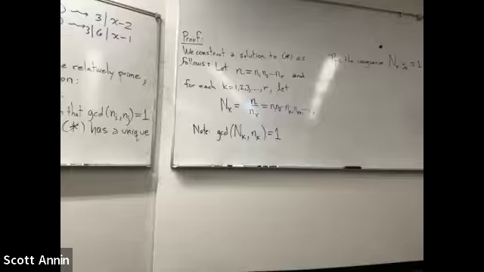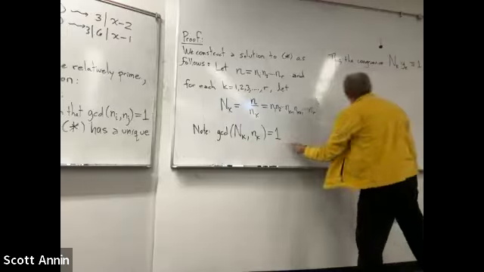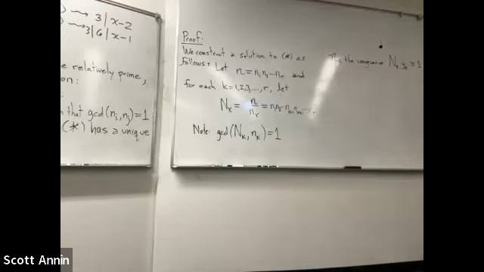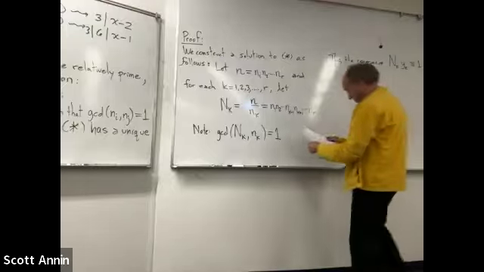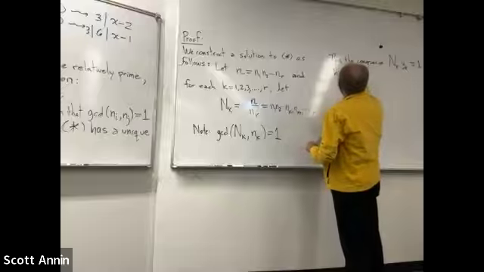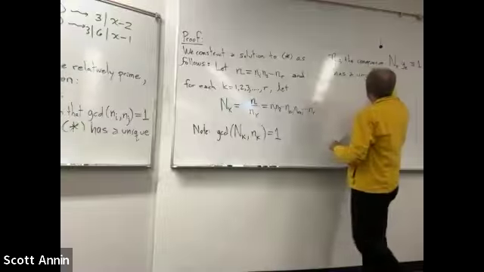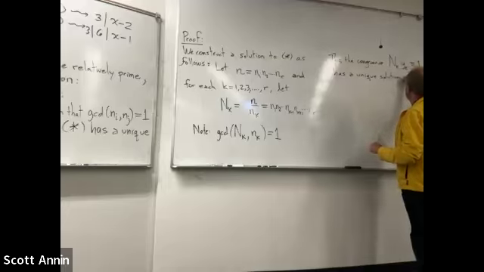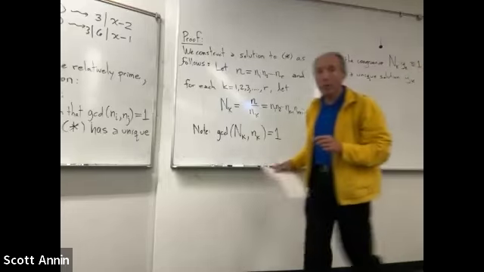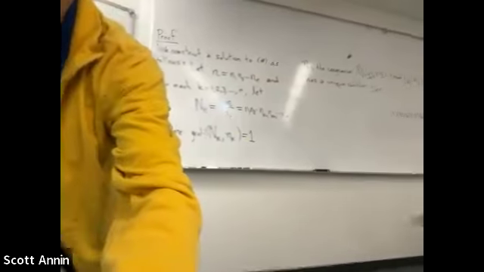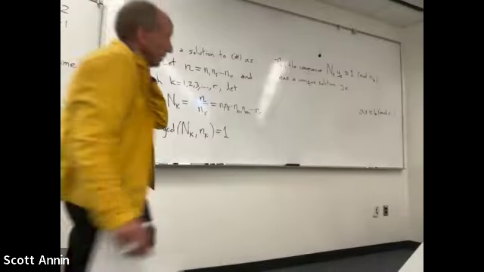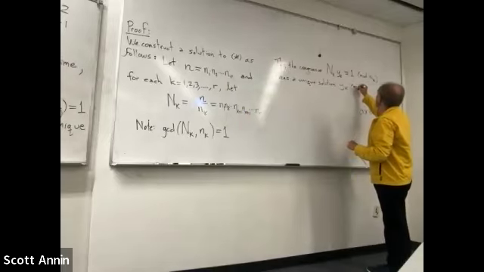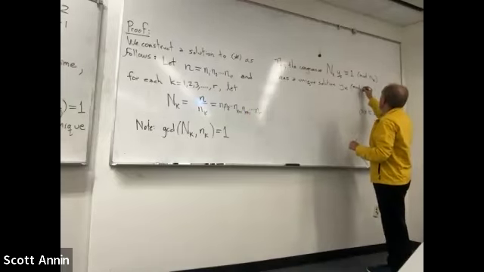There was going to be a solution. Well, the GCD of big N_k and little n_k is 1. And so, of course, 1 divides 1. And so this congruence has a unique solution. The unknown here that we're solving for, by the way, is the y_k. It has a unique solution, I'll call it y_k, and that would be modulo little n_k.